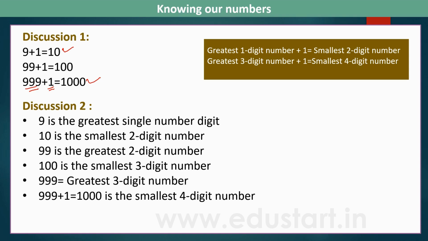Understood? So now we'll find out 9 is the greatest single digit number, 10 is the smallest 2-digit number, 99 is the greatest 2-digit number, 100 is the smallest 3-digit number, 999 greatest 3-digit number, and 1000 is the smallest 4-digit number. Okay?